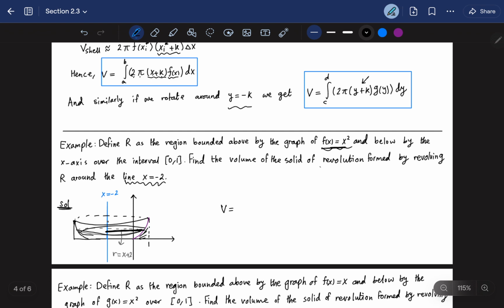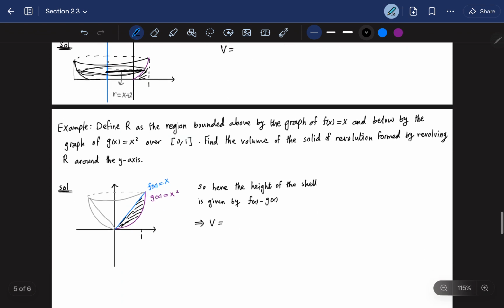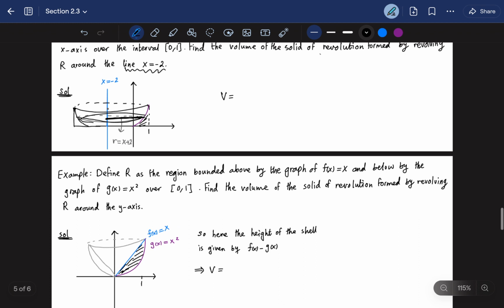So to evaluate the volume here, I'm just going to take the integral from 0 to 1 using the rule of cylindrical shells. We have 2 pi, but instead of x, I have x plus 2 here, times your f of x, which is x squared dx, and you can evaluate it easily.